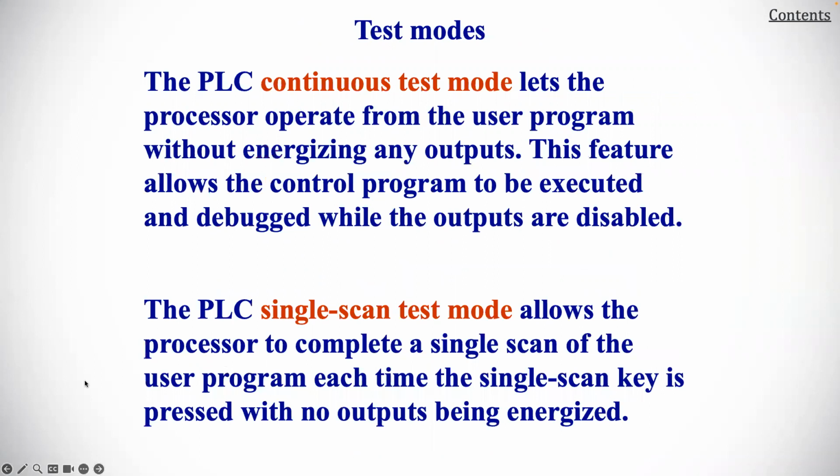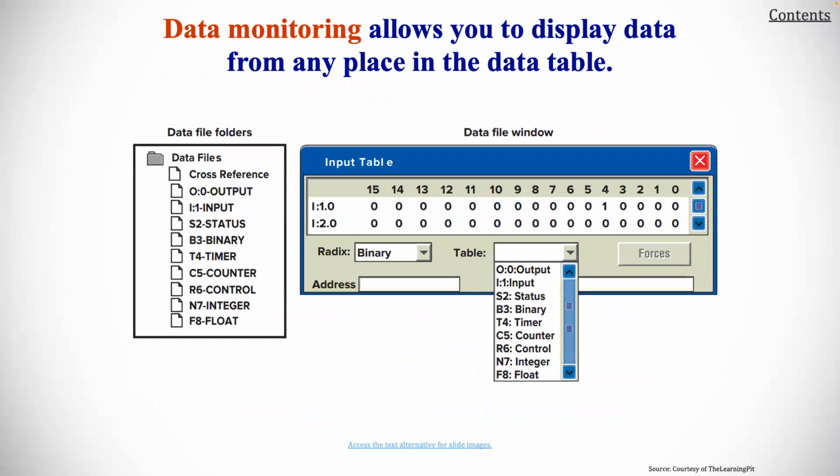The PLC continuous test mode lets the processor operate from the user program without energizing any outputs. This feature allows the control program to be executed and debugged while the outputs are disabled. PLC single scan test mode allows the processor to complete a single scan of the user program each time the single scan key is pressed, with no outputs being energized.